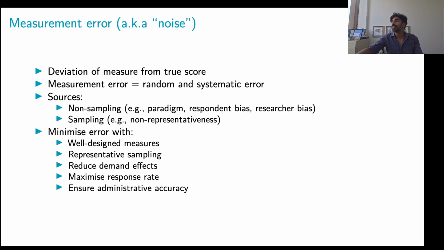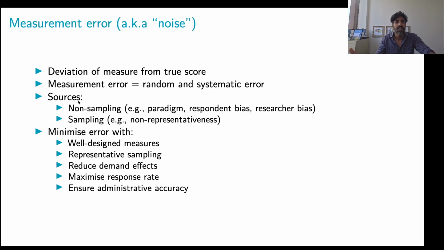And that consists of things like random and systematic error. So the sources of error include non-sampling. So these could be paradigm, respondent bias, researcher bias, or sampling. So the sample is just not representative. And so that could be a source of consistent error.